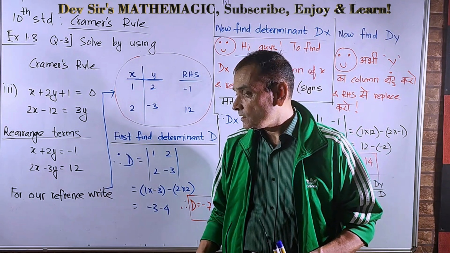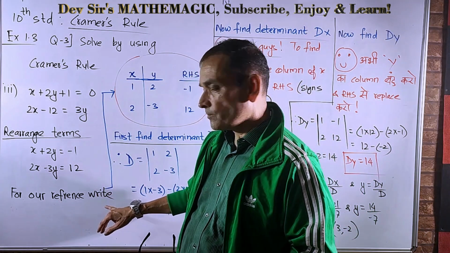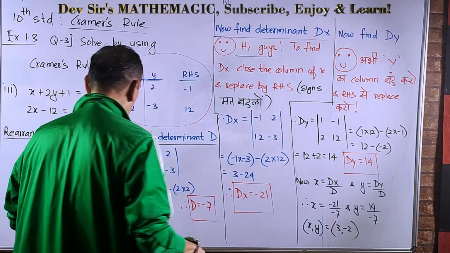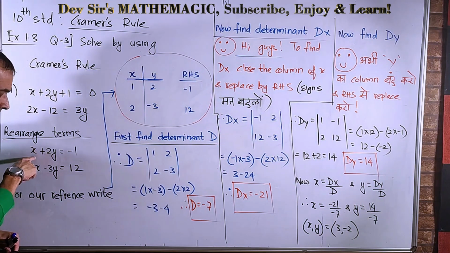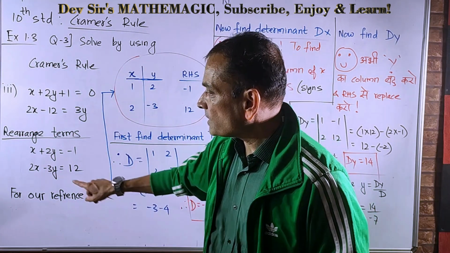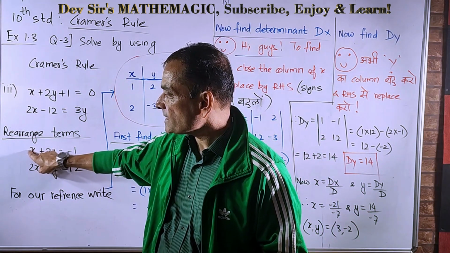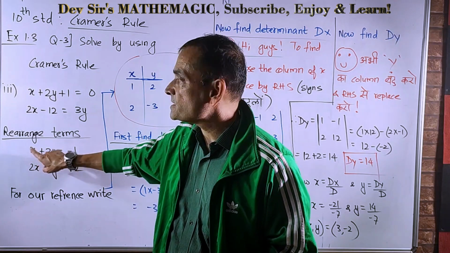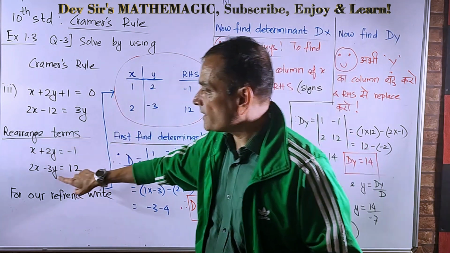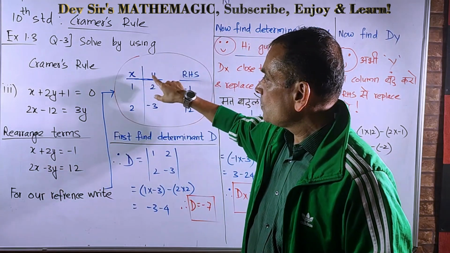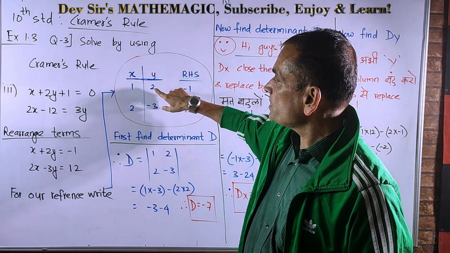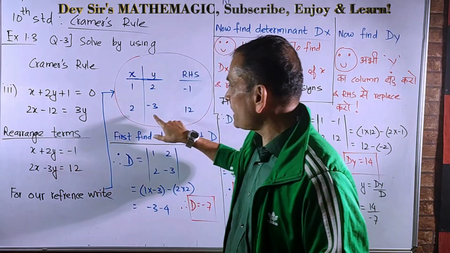After that, for our reference, just make a small column like this. See, this is the column of x. What are the coefficients? In front of x there is 1. No number means 1 is there. So in the x column, the first number is 1, the second number is 2. In the y column, the first number is 2, the second number is minus 3.